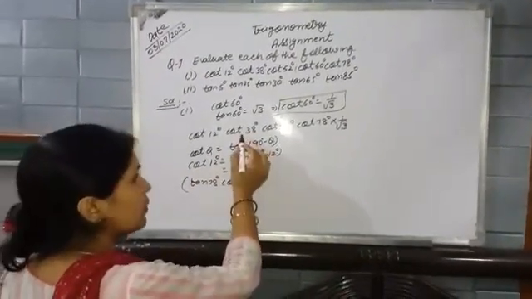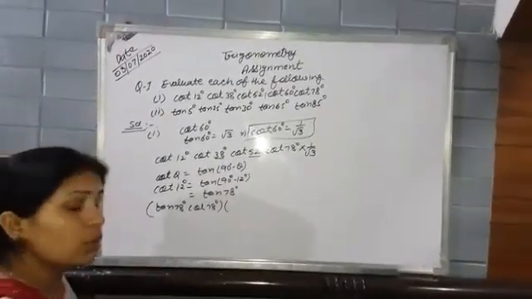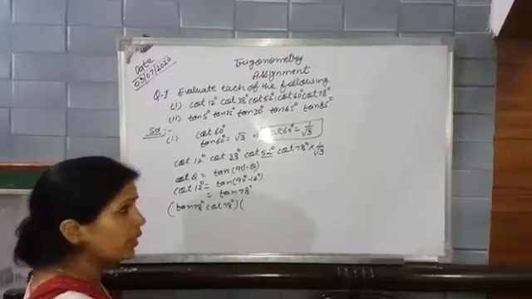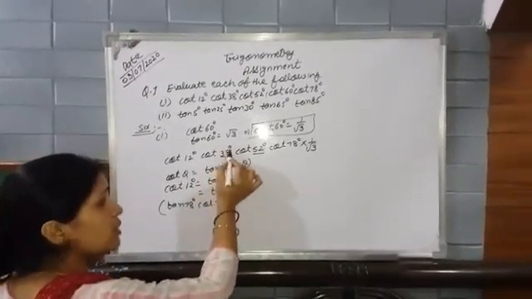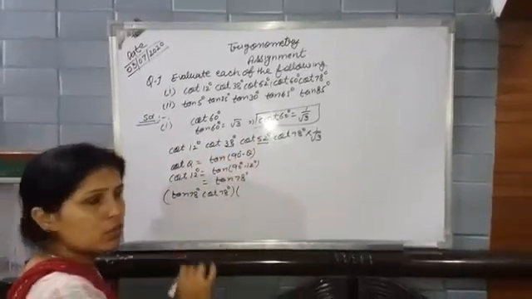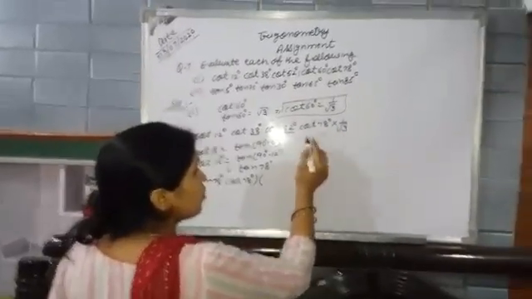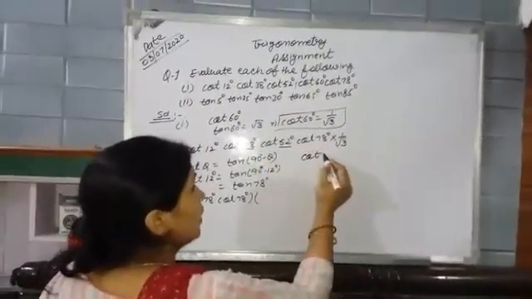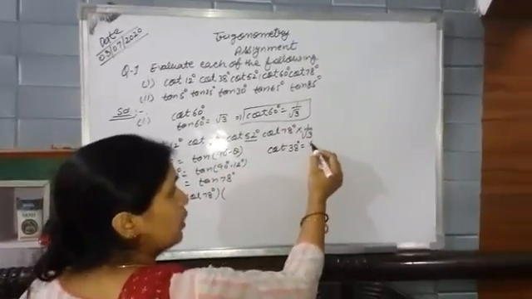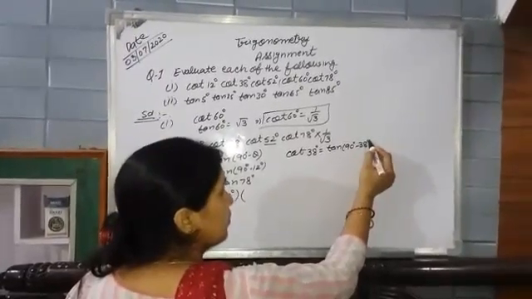Substitute this value here: tangent 78 degree, and this is cot 78 degree. Now the second term, 38 plus 52. Is the sum equal to 90 or not? Yes, 38 plus 52 is equal to 90. So again we can express 38 in terms of 52 or 52 in terms of 38. So we can write this term as cot of 38 degree, and this can be written using cot theta is equal to tangent of 90 minus theta.